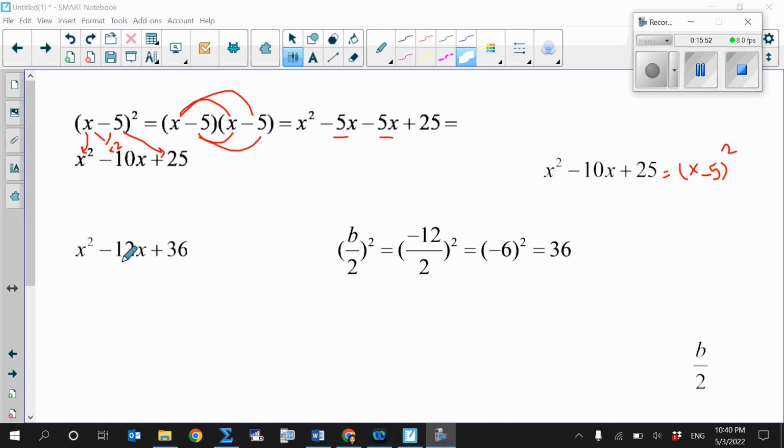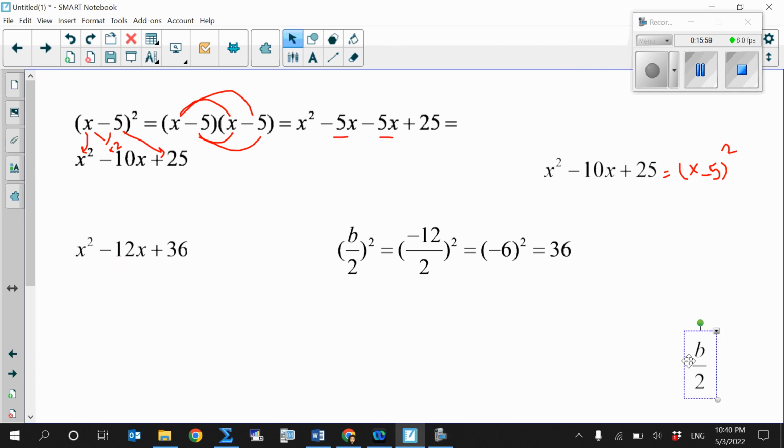Negative 12 divided by 2 will give you the second term. Again, to make your life a little bit easier, this is the formula: b over 2, which is negative 6 in this case. So the perfect square form of this expression will be x minus 6 squared. So this is how we change an algebraic expression into a complete square.